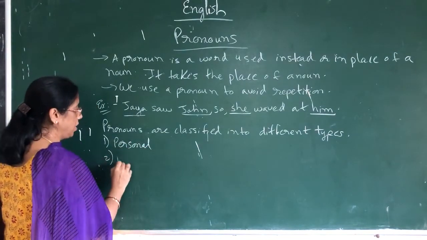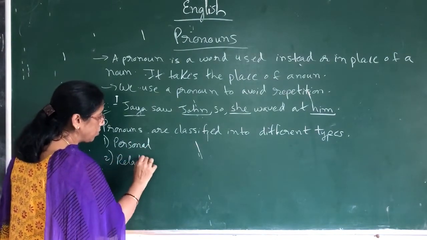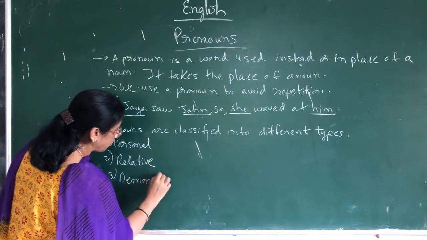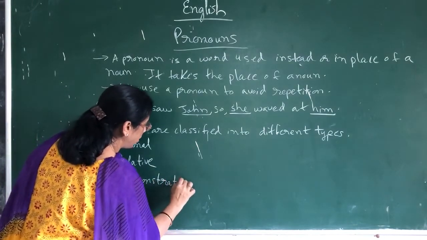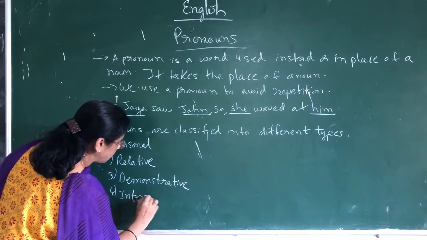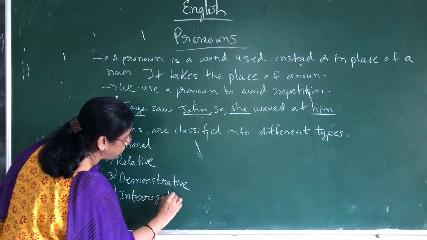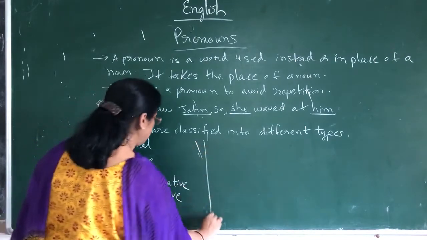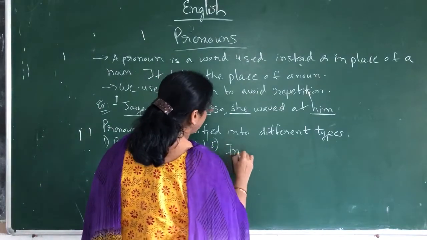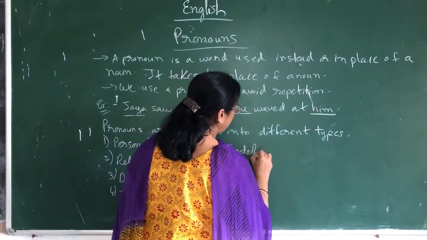Second one, relative pronoun. Third one, demonstrative pronoun. Fourth one, interrogative pronoun. I'll give you in detail the definition and the use of these words. Next, fifth one is indefinite pronoun.